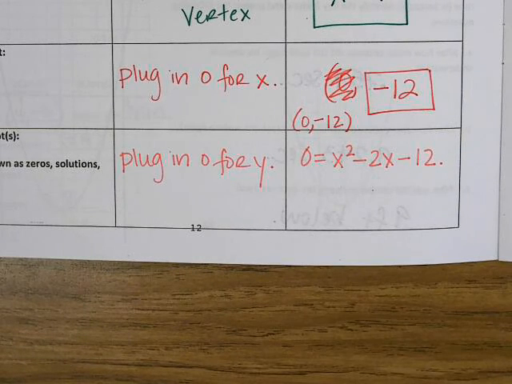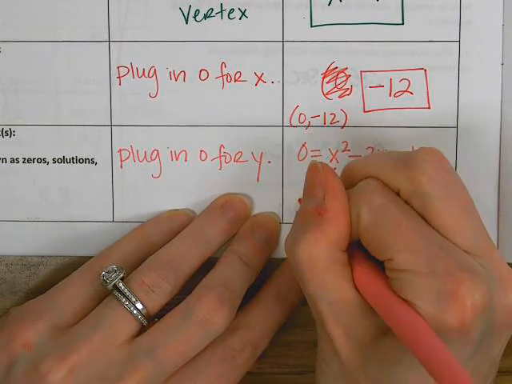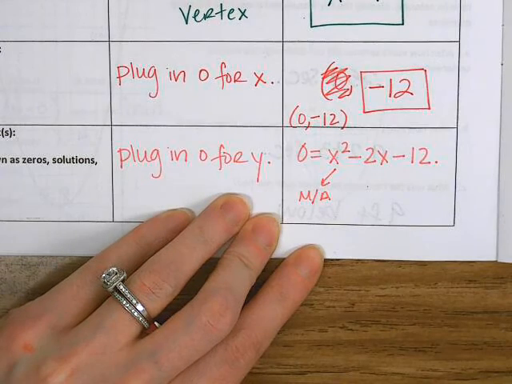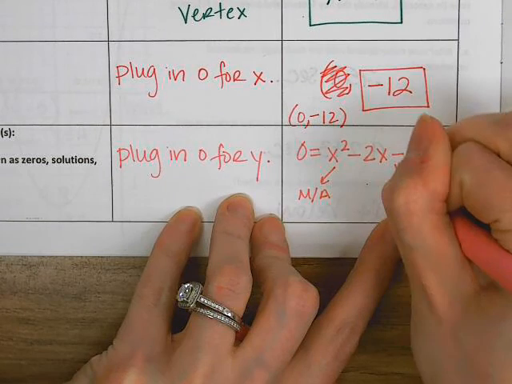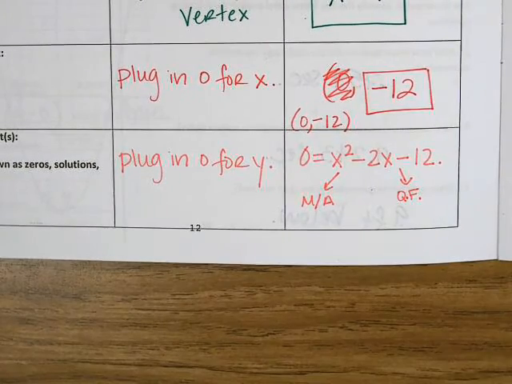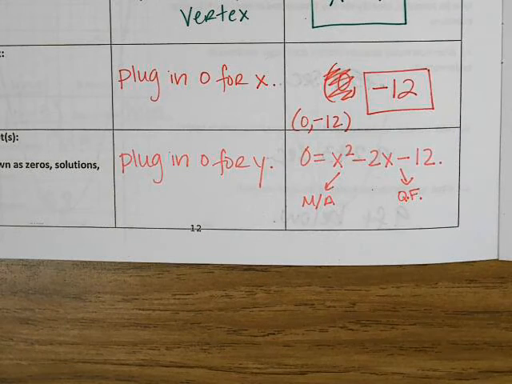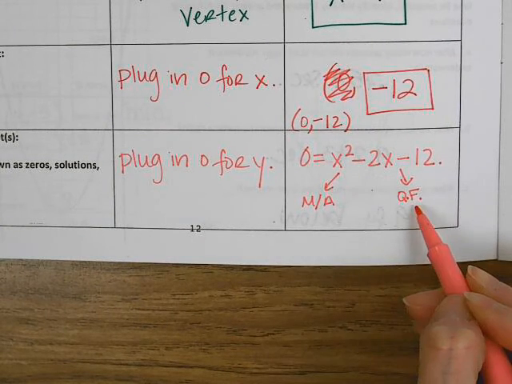You guys have options. You could do the MA table, or you could do the quadratic formula. Do you guys remember the MA table, or do you want to do the quadratic formula?